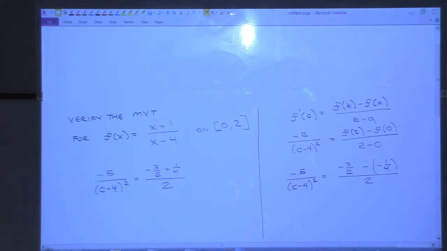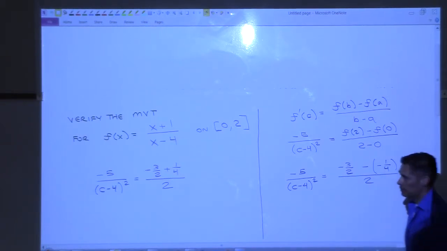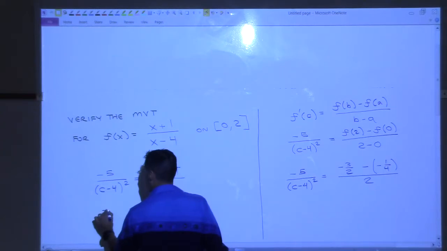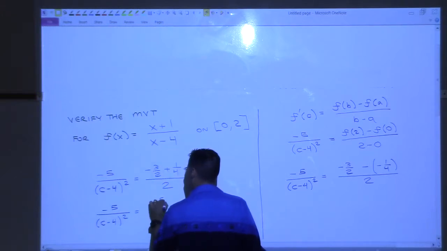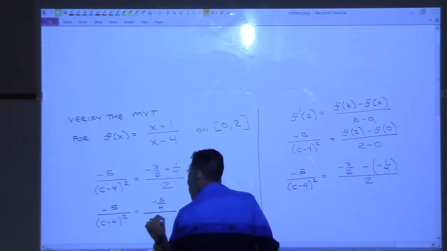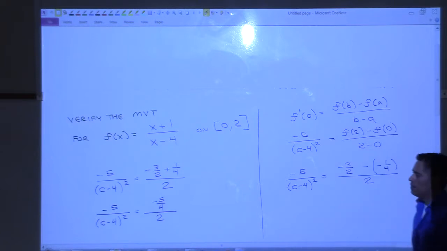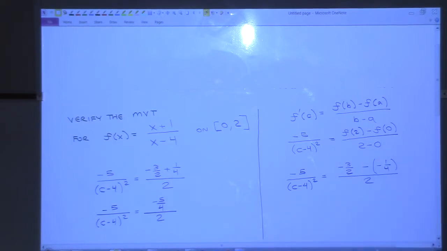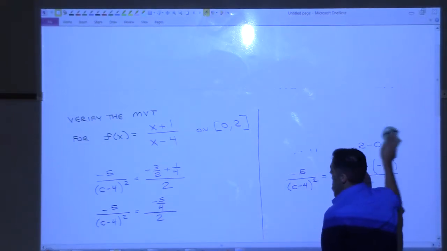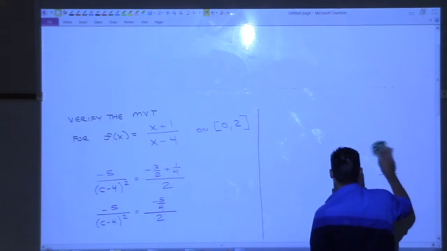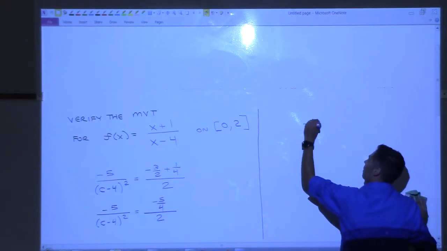Now, what's negative 3/2 plus a fourth? Negative 5/4. Yes? Okay, that right side, negative 5/4 divided by 2, is really negative 5 what? 8ths.